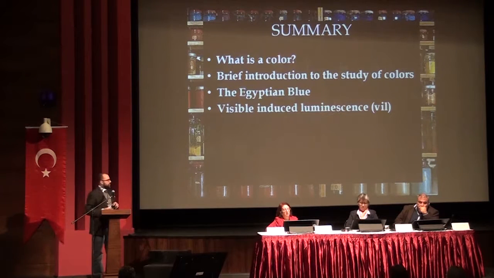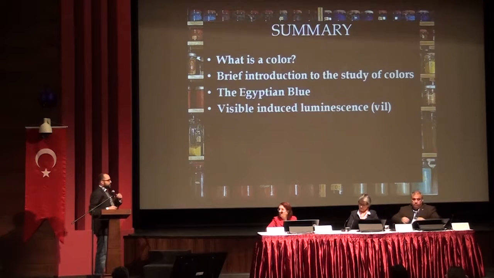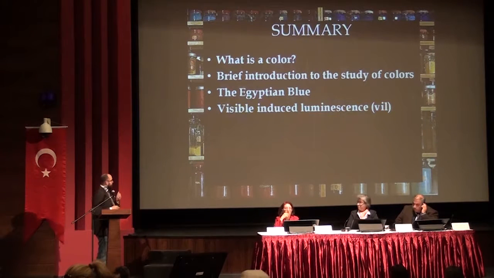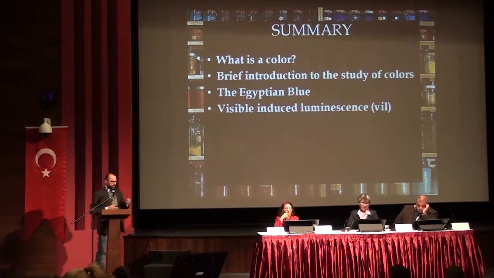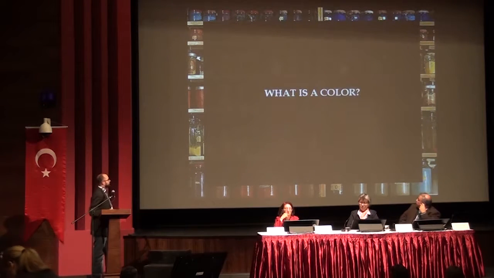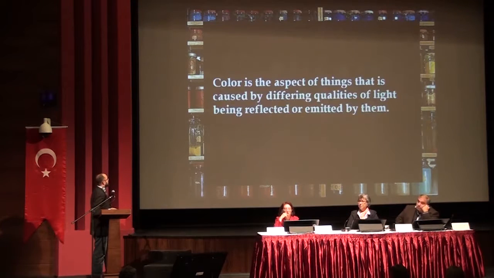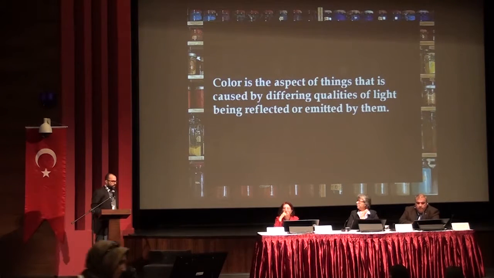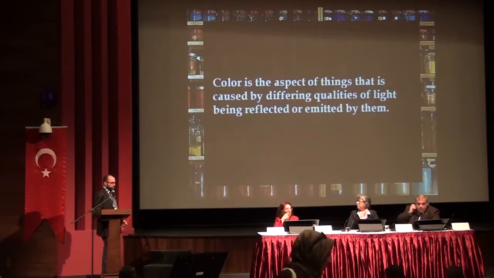I will basically structure the intervention in this way, explaining what is a color, a brief introduction to some category of colors. Then we will go to the Egyptian blue and this technique that is called VIL. Basically, what is a color? The color is part of, let's call it a part of the matter that is composed.